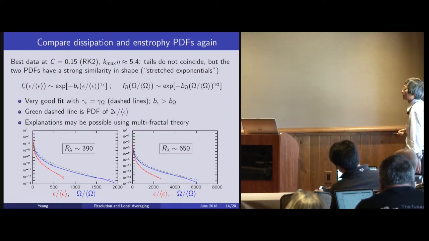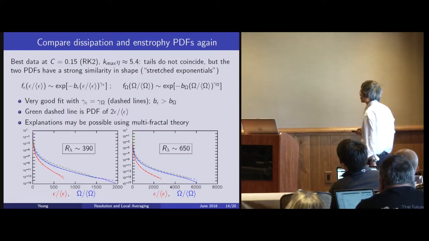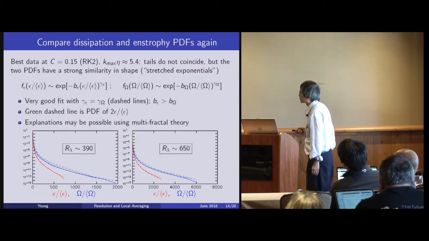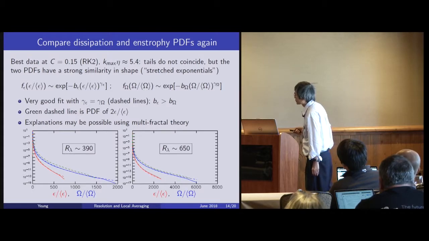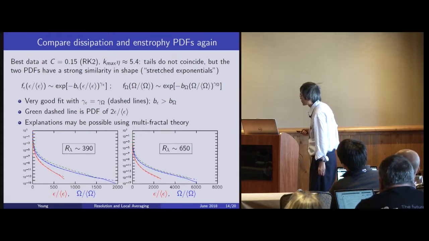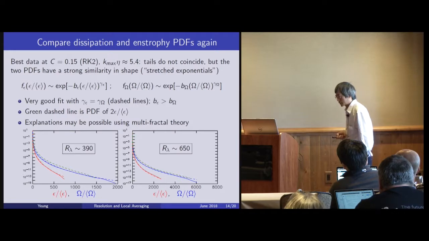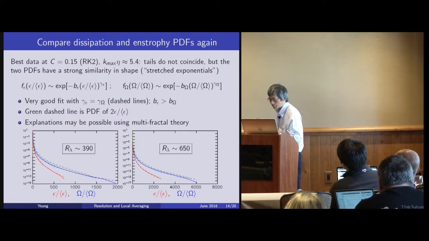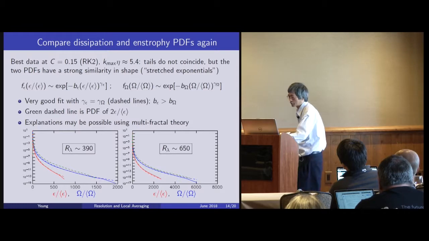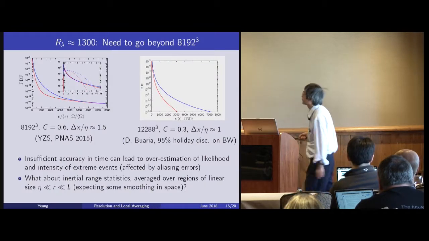We also find that if we double the factor, then the PDF, that green dashed line, is actually quite close to the PDF of the enstrophy. So we'll have to go deeper into multifractal theory in order to have a better explanation.